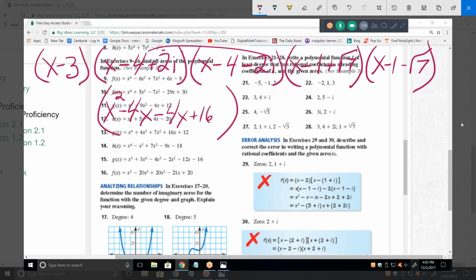Ignore, ignore, ignore. Only one term left. Minus 4i squared, which is plus 4. So x squared minus 8x plus 20.